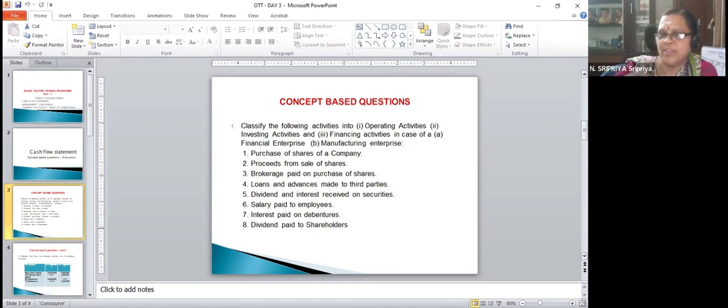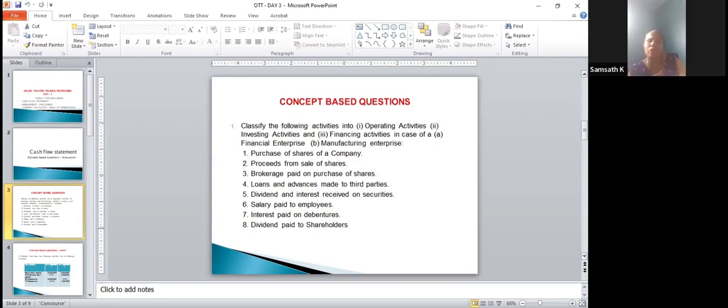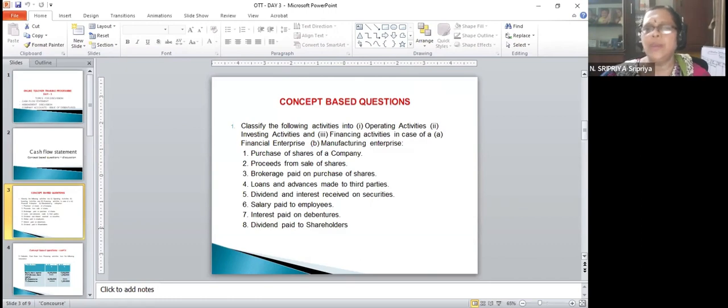See, that's what is given here: purchase of shares of a company, brokerage paid on shares of the company, etc. But when the company is going to issue shares, it will issue them only for its own purpose. It will not be doing it for any other purpose. Samshad, am I not clear? It's clear, ma'am. Okay, so dividend paid to shareholders can never be an operating activity for any type of business organization.